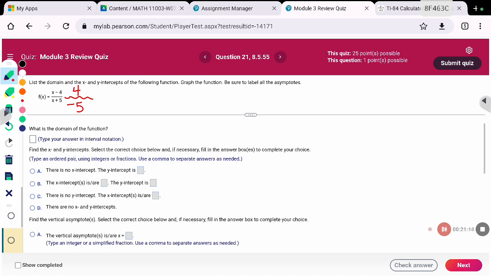So the domain, which is our first question, we'd need to leave out that zero in the denominator, which is -5. So I want to include everything from -infinity to -5, union -5 to infinity.